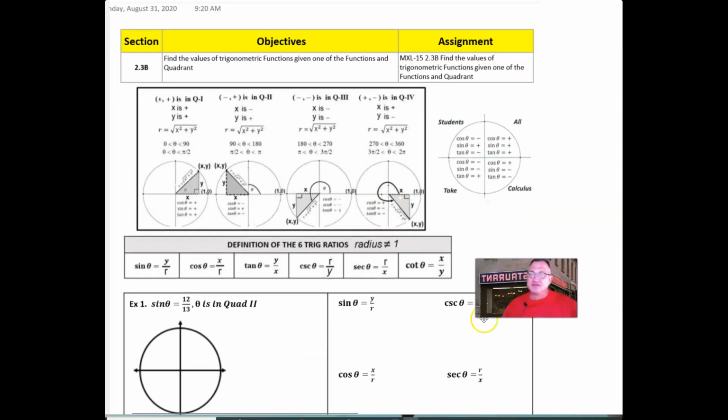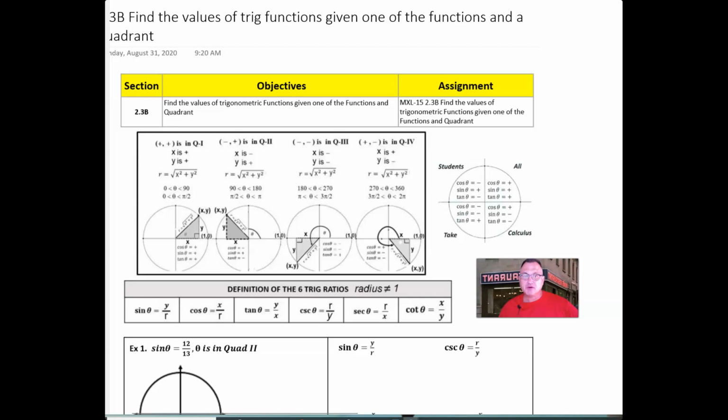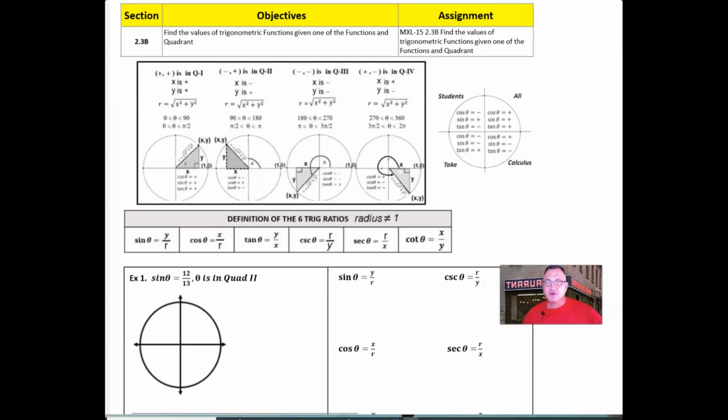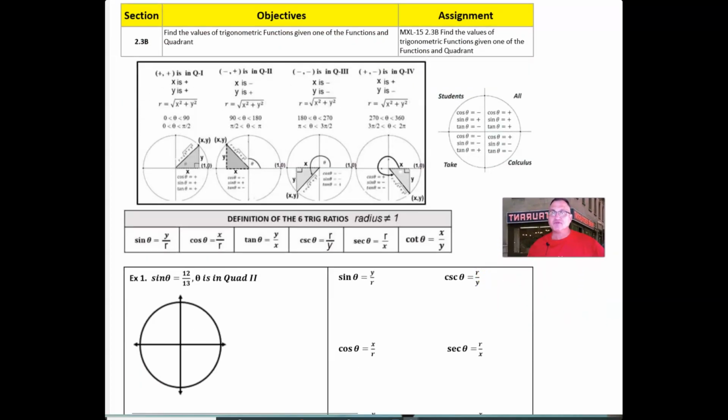All right, the information on the top here is stuff that we've already done. We've talked about what we do when the radius of a circle is something other than 1. These are not unit circles, which means even though that little 1 is there, it shouldn't be. We don't know what these radiuses are. They can be different values.